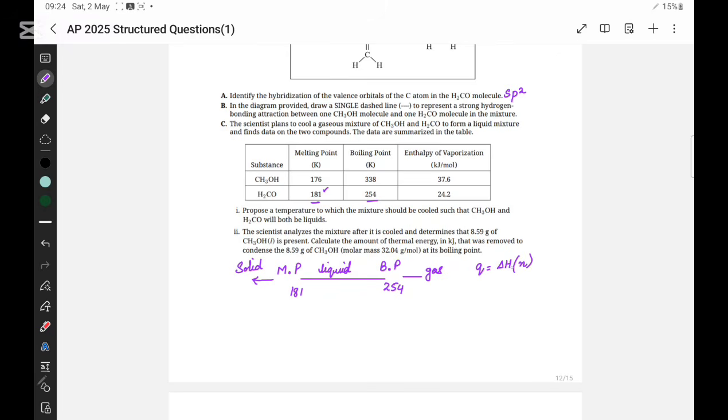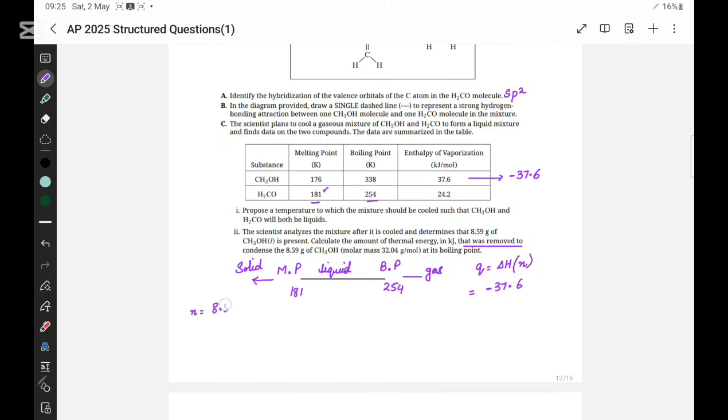And delta H for us is given, the enthalpy of vaporization of CH3OH, and they are saying the energy was removed, so it is going to be exothermic. So we are going to have minus 37.6 because they are releasing energy.